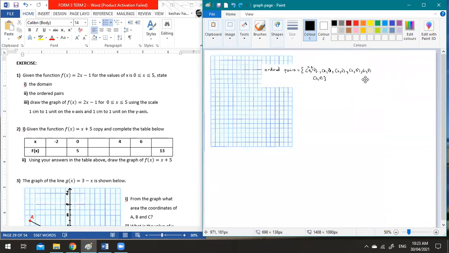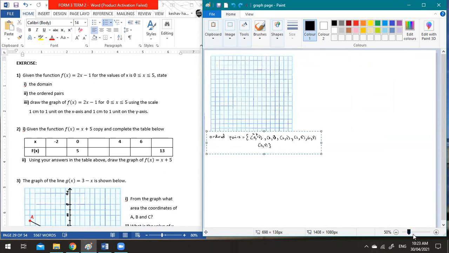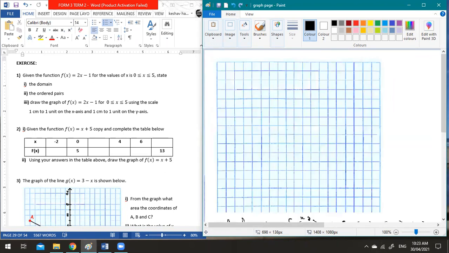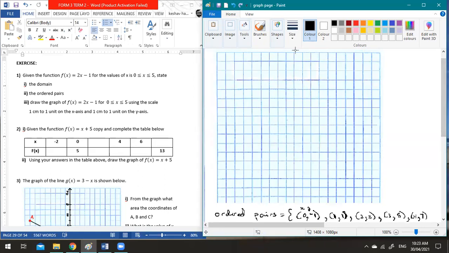Right, so the ordered pairs there. You could write on the graph pages in pen. Alright. So you join your graph.